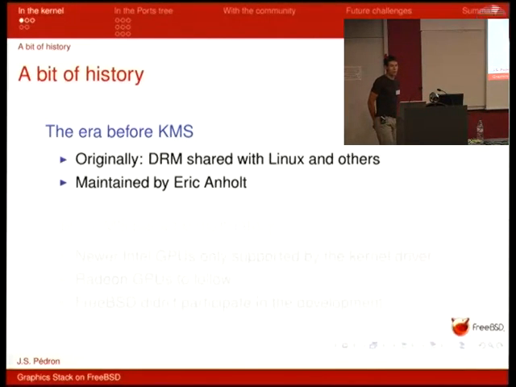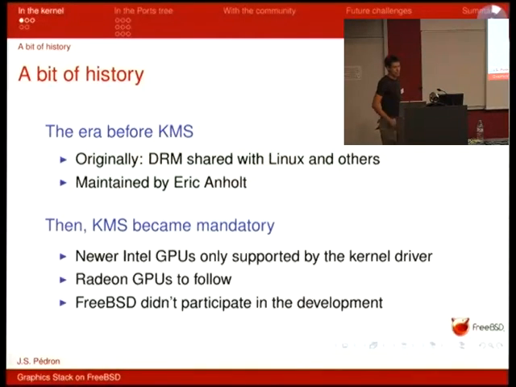Before the drivers were moved to the kernel, Linux, FreeBSD, and other operating systems shared a common DRM code base. In FreeBSD, this code was maintained by Eric and Holt here. Then the KMS drivers arrived in Linux.